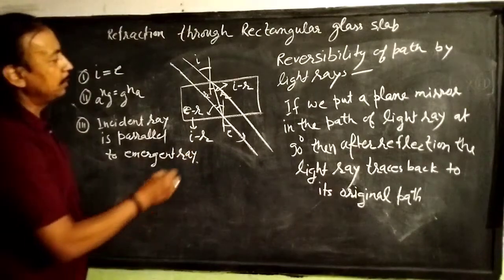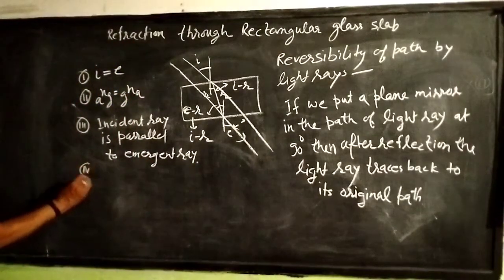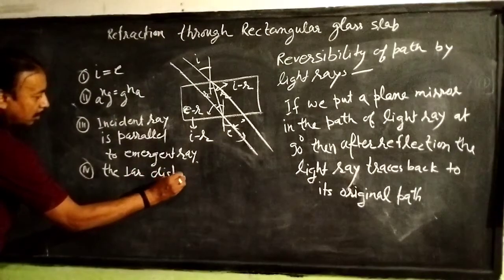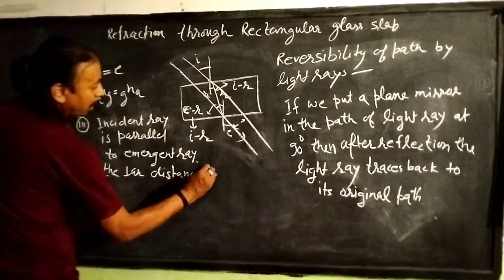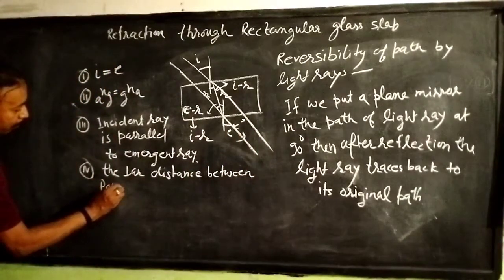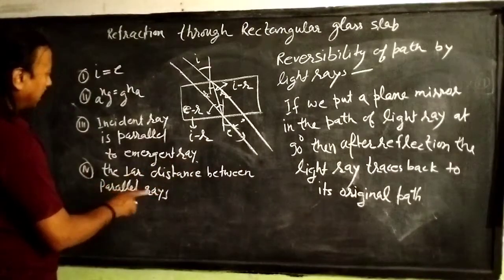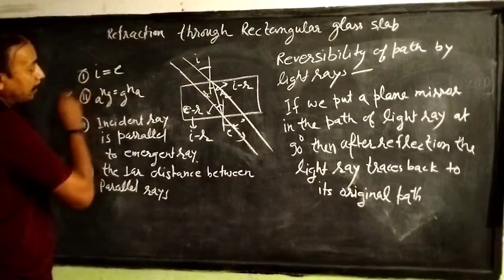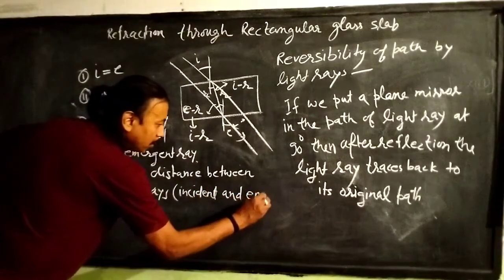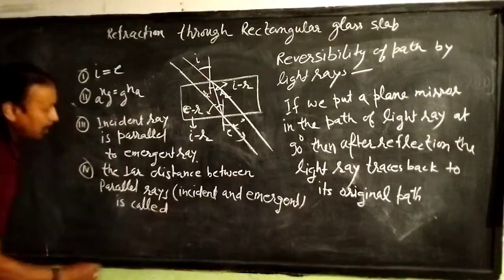Also, the perpendicular distance between these two parallel rays, the incident ray and the emergent ray, is called lateral displacement.